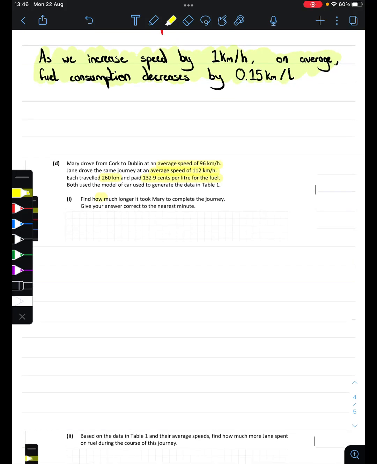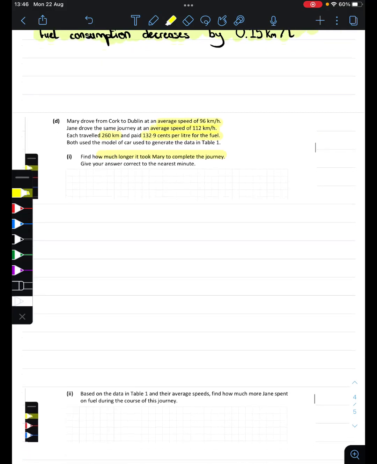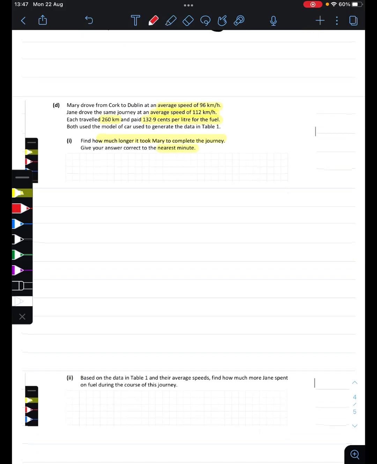Find how much longer it took Mary to complete the journey than Jane. So Mary traveled at a lower speed, so it took her longer. And give your answer correct to the nearest minute. Okay, so Mary is driving at 96 kilometers per hour.